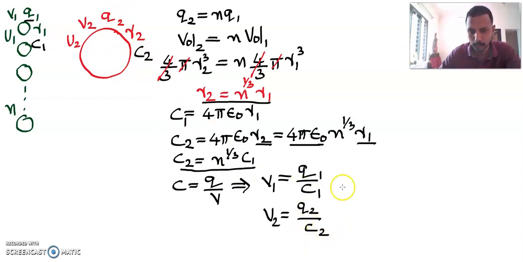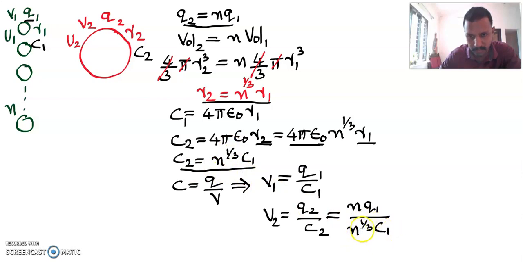Then let's substitute for Q2. What is Q2? I could substitute Q2 as nQ1. Therefore, instead of Q2, I am substituting nQ1. Clear? Q2 is equal to nQ1 divided by C2, and C2 can be written as n raised to 1 by 3 C1. Therefore, n raised to 1 by 3 C1. Then look at this.